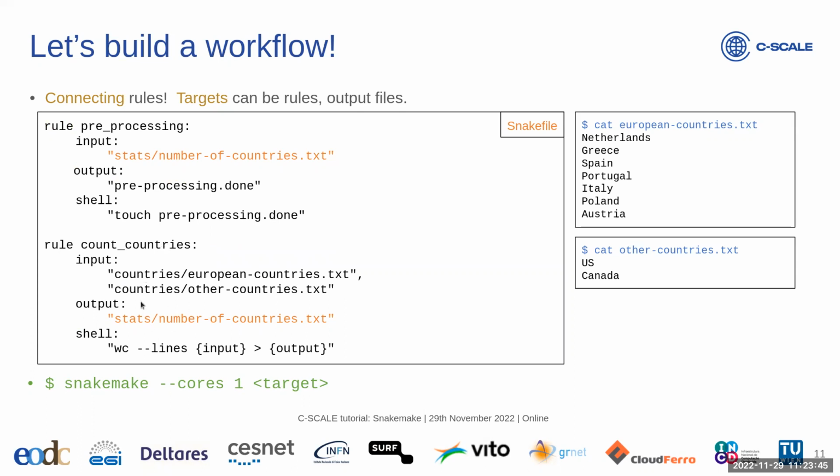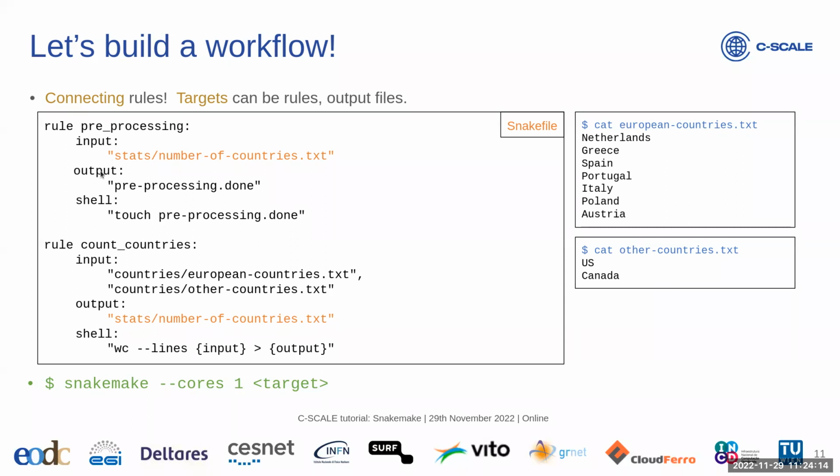As you remember, we had 2 input files with countries, and we wanted to compute the number of countries with this command. Now I'm adding a new rule. The name can be whatever you find useful. But this rule takes as input the same file as the output of the other rule. That's what connects one to the other.